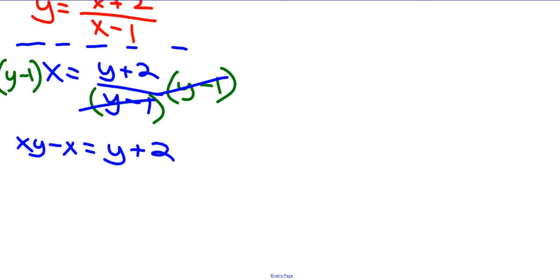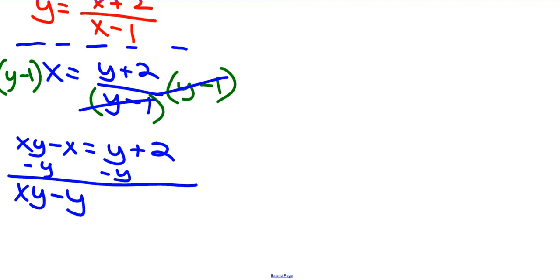And I'm going to add x to both sides and subtract y. So I'll do those in single steps. So I have xy minus y, and actually I said single steps, but I think I'm just going to add x at the same time here. And so the x's cancel on the left, and then on the right hand side we have the x plus 2.